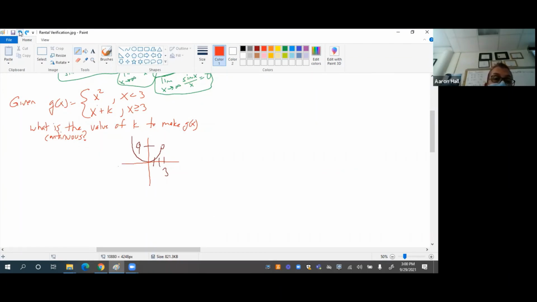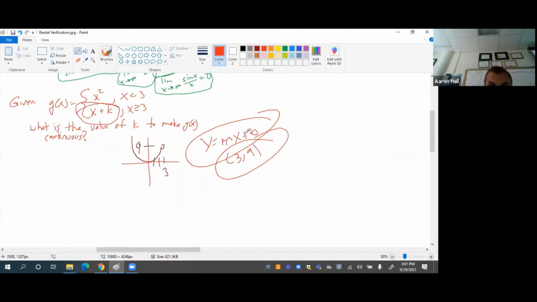I know I have some linear function, y equals mx plus b, with what solution? I already know one solution. What has to be it? Yeah, 3, 9. Can you think of a linear function that goes through this point?